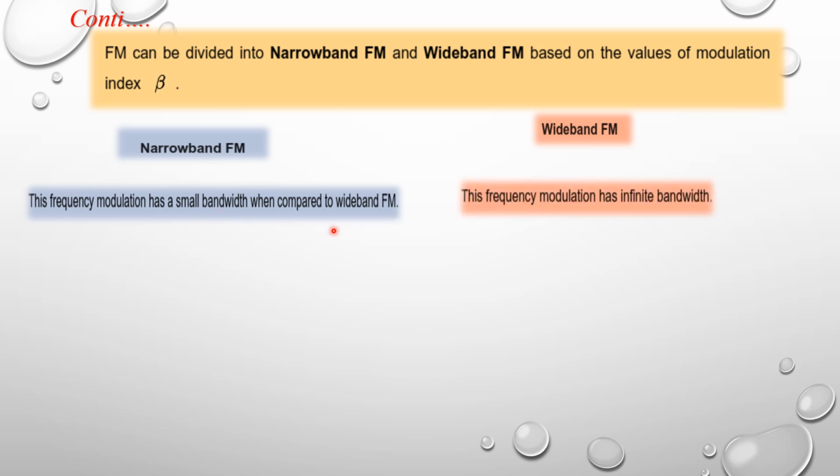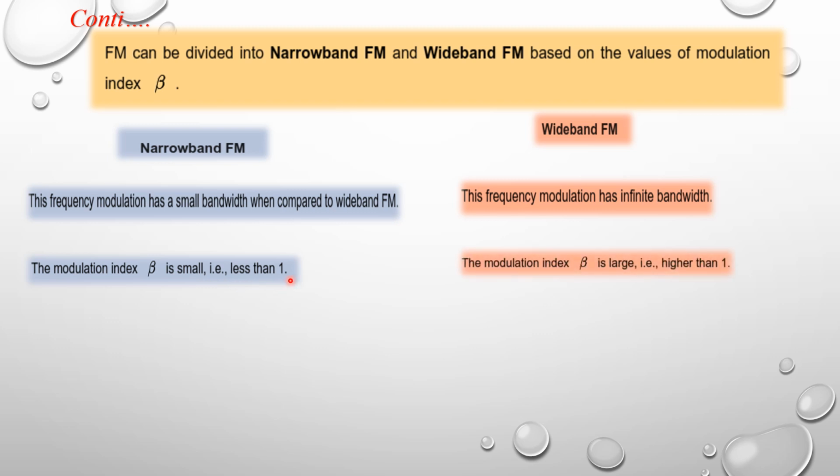In wideband FM, the frequency modulation has infinite bandwidth. In narrowband, the modulation index beta is small, that is less than 1. In wideband FM, beta is large, that is higher than 1.